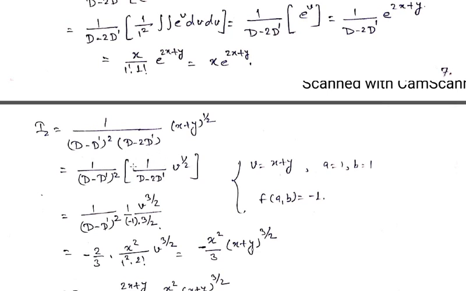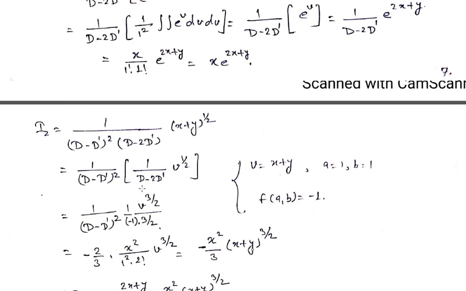So first we find the PI of (x + y) raised to power half about D - 2D', and whatever result we get, then we find PI of this resultant function about 1 upon (D - D') whole square. So here we replace D with 1 and D' with 1.